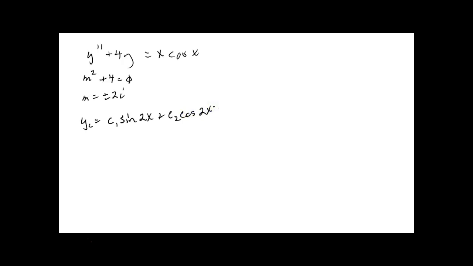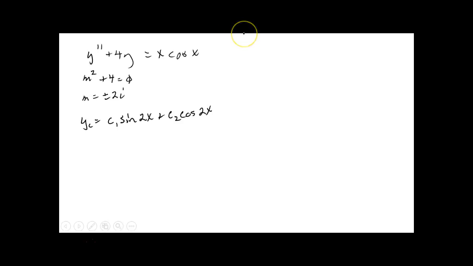Perfect. And the reason we don't have an e term here is you don't have a real part of your complex number. That's a pure imaginary. So your real part is 0 and e to the 0 is 1. So yes, there's a 1 up there, you just don't see it. So there's your complementary solution.